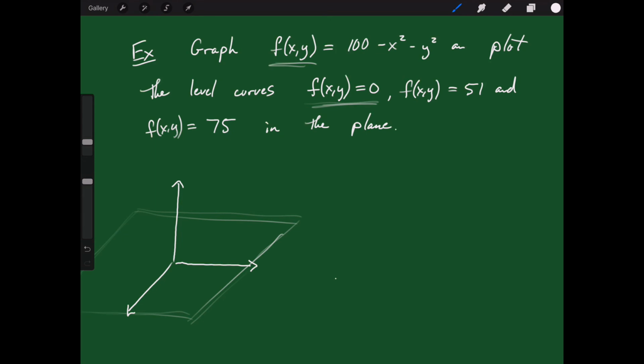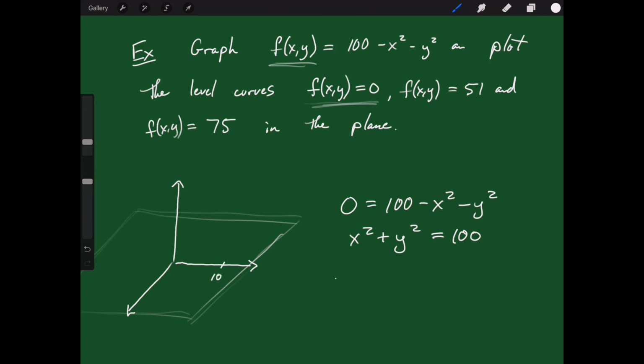And so what would it look like? Well, if I plug in 0 for f of xy, I get 0 equals 100 minus x squared minus y squared. If I move the x squared and the y squared to the other side, I get x squared plus y squared equals 100. And I know what that looks like. That's just a circle of radius 10.